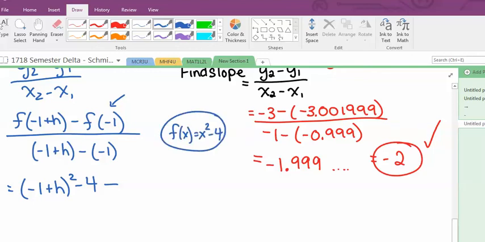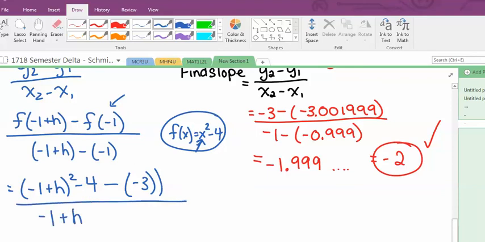That's my polynomial. So I subbed in negative 1 plus h in for x. And then if I sub in negative 1 for x, negative 1 squared is 1, minus 4 is negative 3. And the whole thing is divided by negative 1 plus h, and then those two negatives make a positive 1.